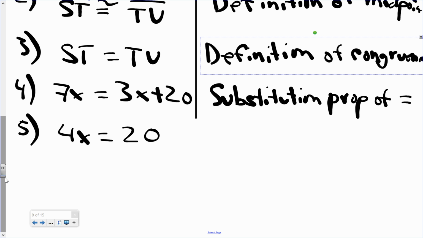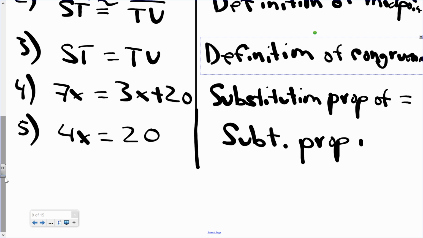Wait. What gives me the right to say that? We didn't divide both sides by jack. What did we do to both sides? We subtracted 3x from both sides, right? Subtraction. I'm going to abbreviate subtraction SUBT. Thanks, Toscano. Property of equality.